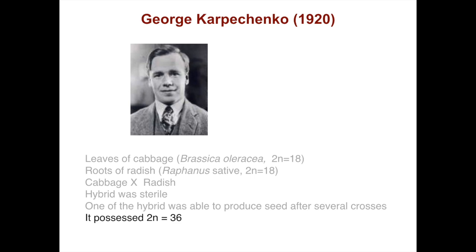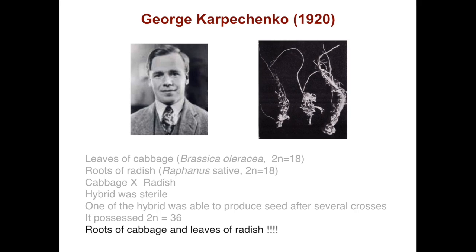And it possessed a 2N, it was diploid, and it had 36 chromosomes. And it amazingly had the roots of cabbage and the leaves of radish. And this is an example of some of the roots that he showed in his paper.